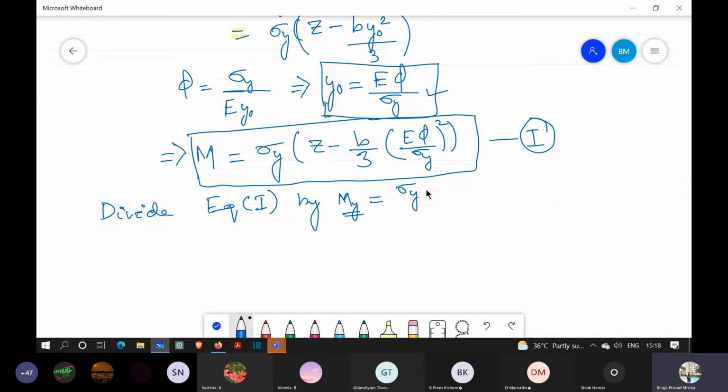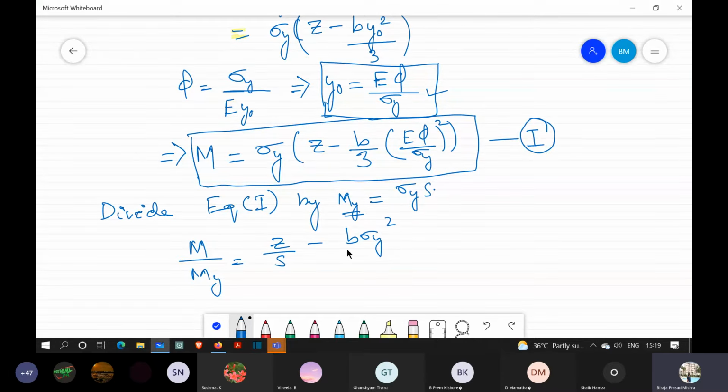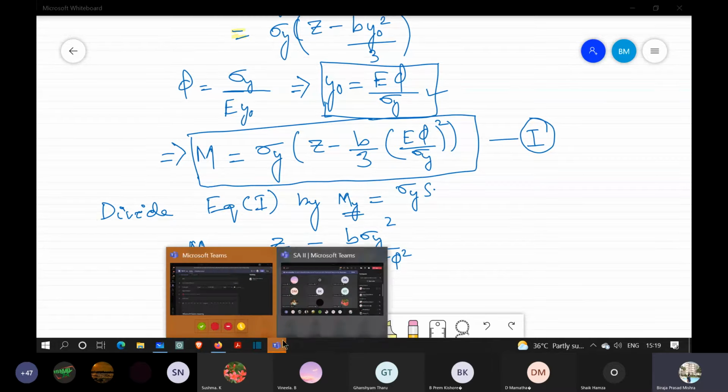We already know it is sigma y into S. So we can write M by My equals Z by S minus b into sigma y square divided by 2 into S into E square phi square.